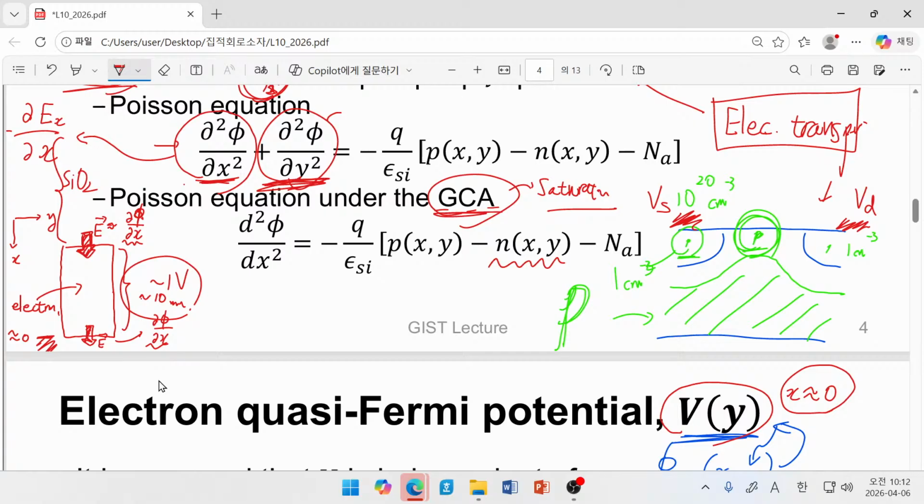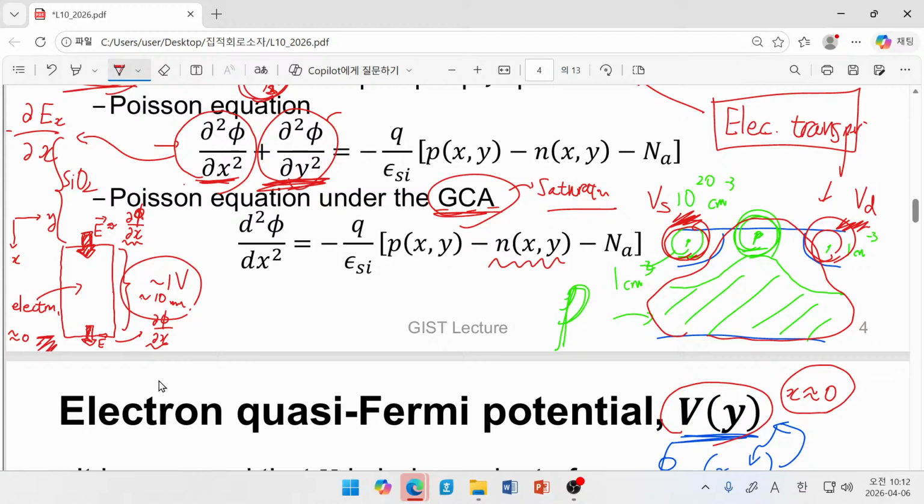If we allow severe variation of quasi-Fermi potential, then there will be strong current conduction. It simply means that when you compare this source drain part with all other parts, they are highly populated by holes while the source and drain are almost empty.